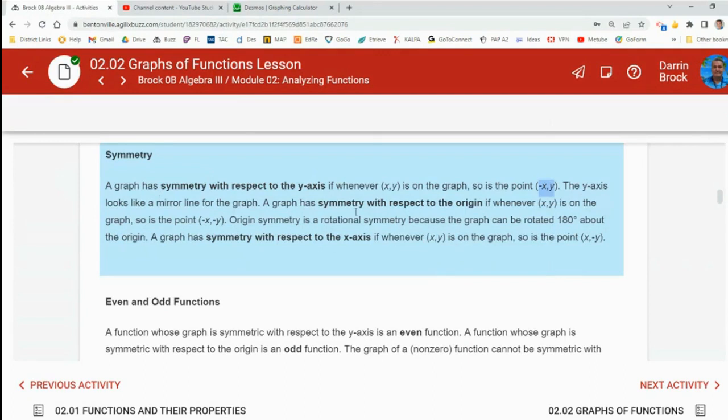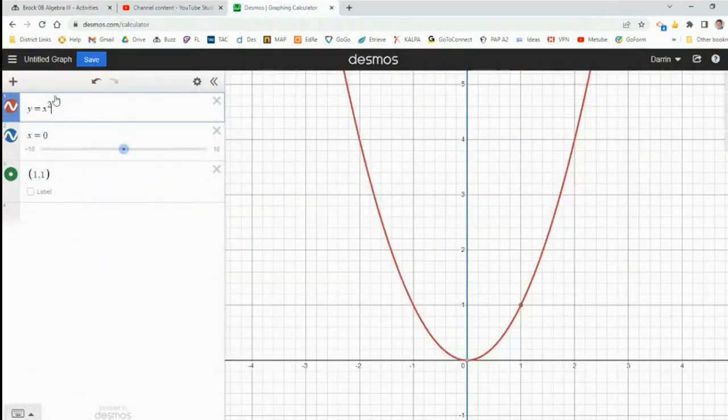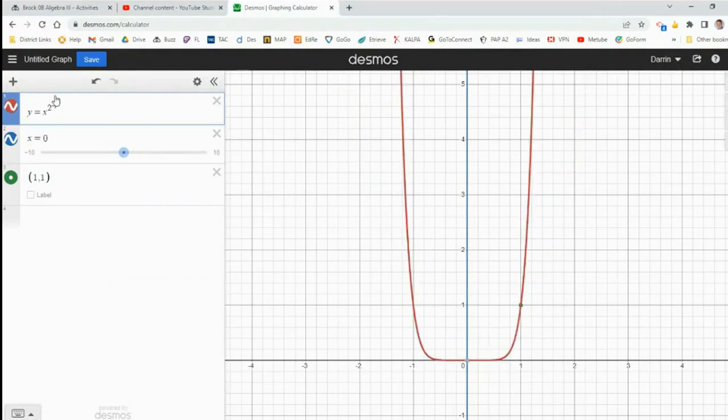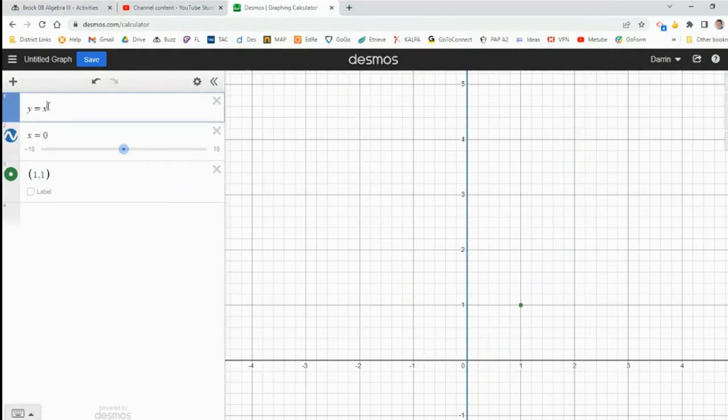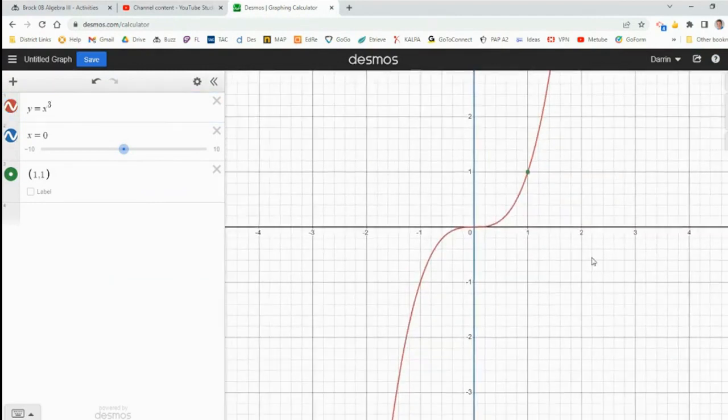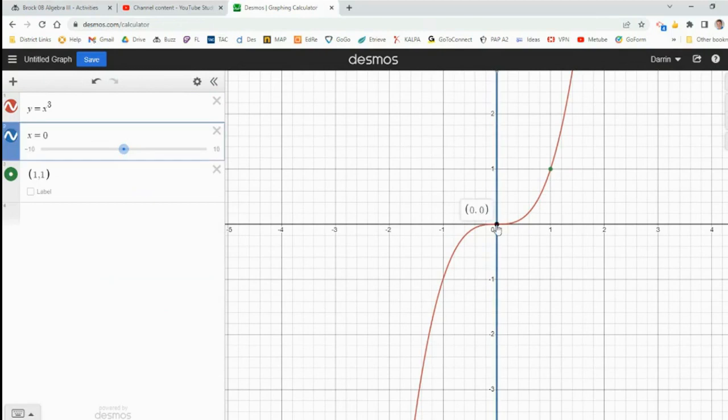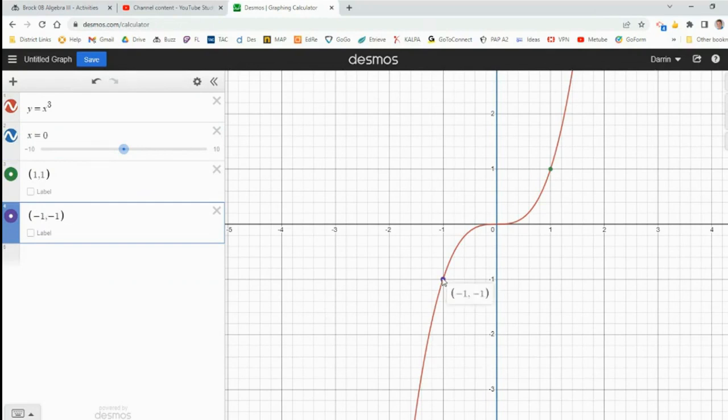The graph has symmetry with respect to the origin if x, y matches the point negative x, negative y. Let's do what is symmetric around the origin. Okay, this is symmetric around the origin. From this point right here, this is a mirror image of everything going the other direction, which means if 1, 1 exists, that means we also have the point negative 1, negative 1, which we do.